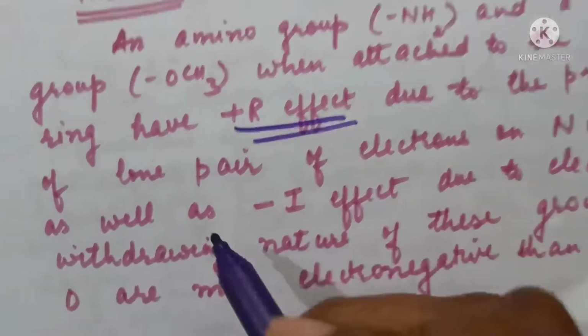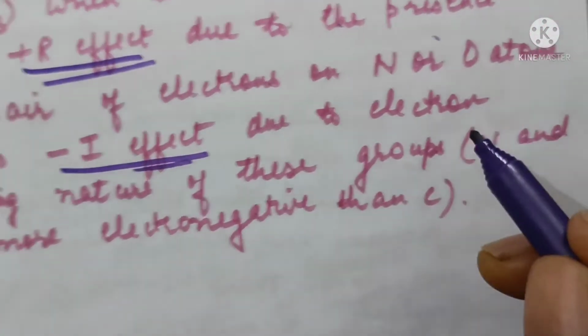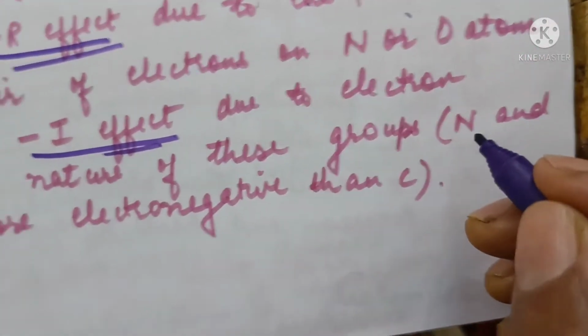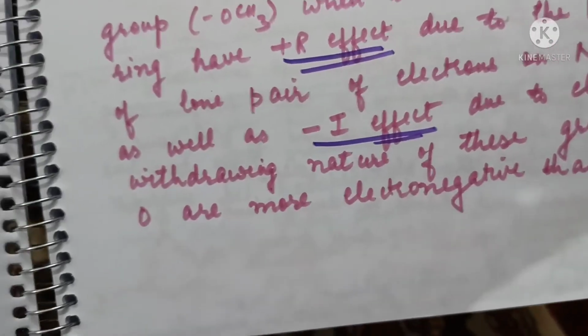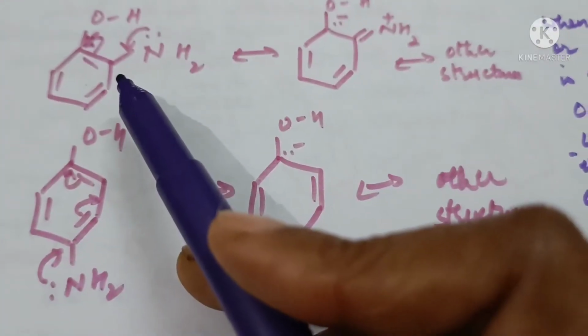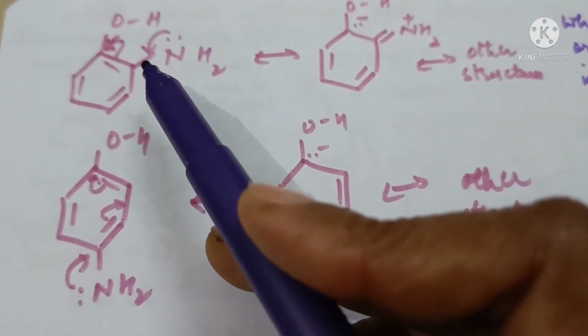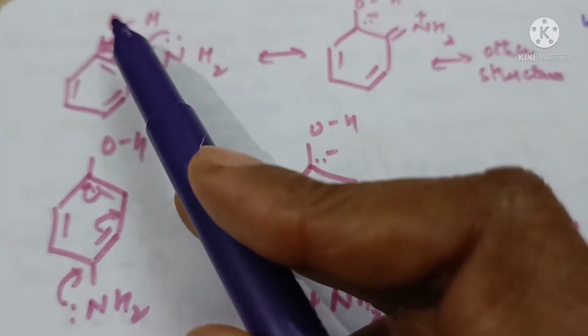These groups will also show minus I effect. This is because of the electron withdrawing nature of nitrogen and oxygen. Both nitrogen and oxygen are more electronegative than carbon.